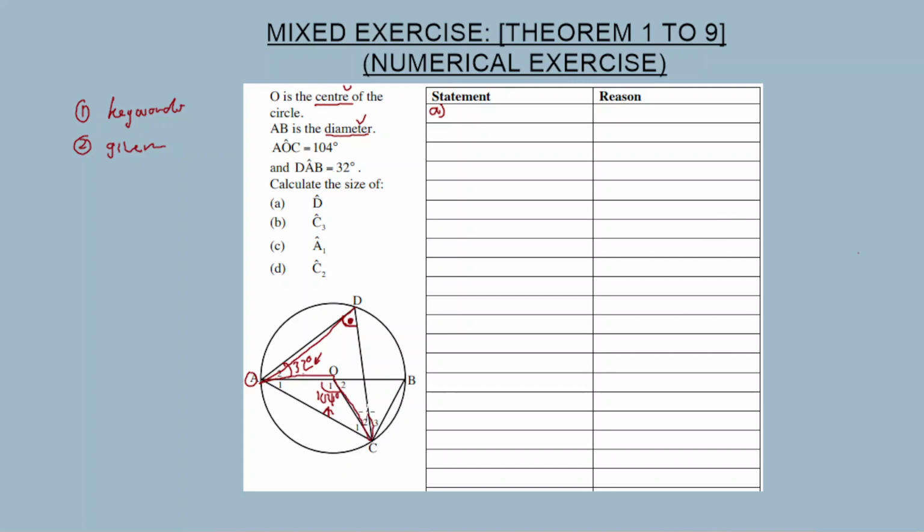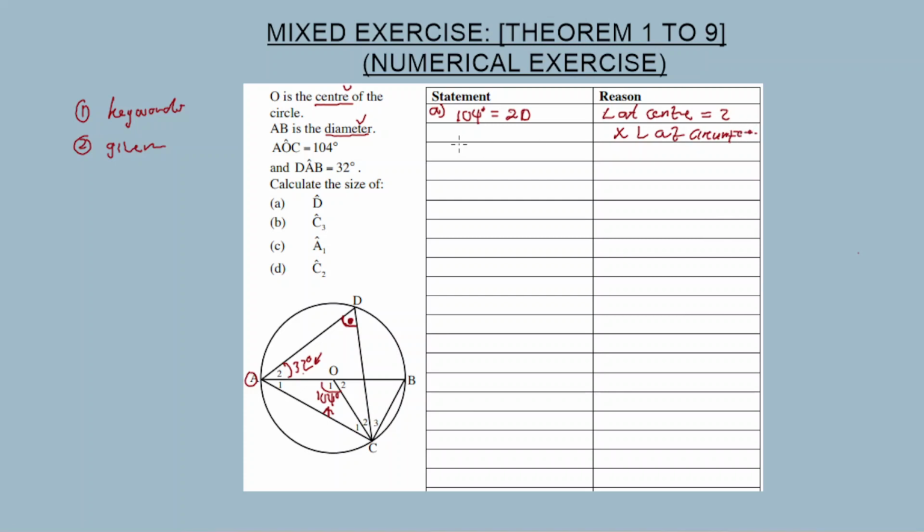Here it is. Theorem number 2. So therefore, angle D: the angle at the center, 104 degrees, is equal to 2 times the angle at the circumference. The angle at the center is equal to 2 times the angle at the circumference.